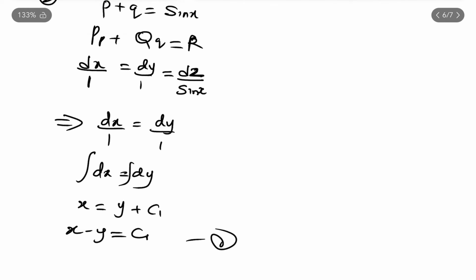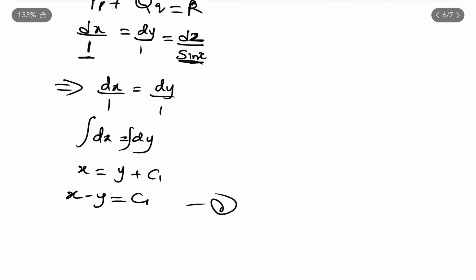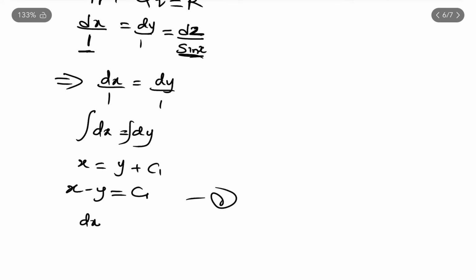Then for the second part, we are going to use z. We are going to use dx because we have x in this form, so we still have to substitute. So dx over 1 equals dz over sine x.